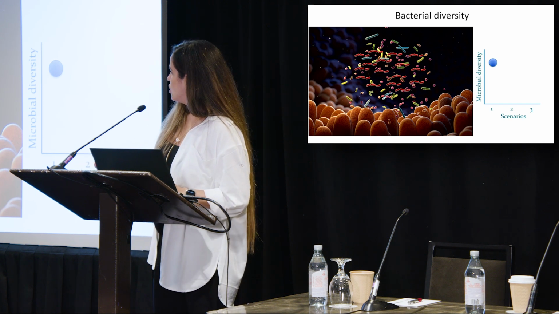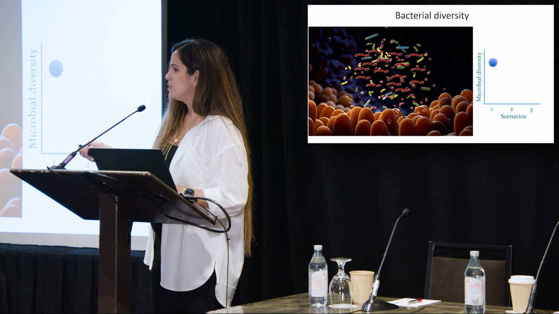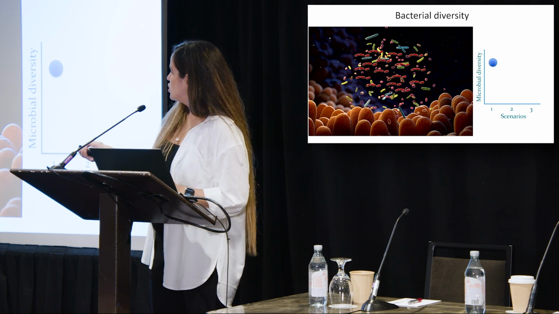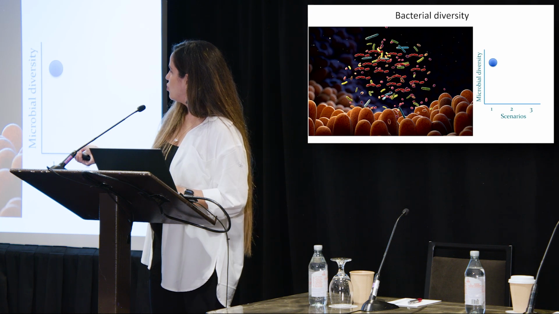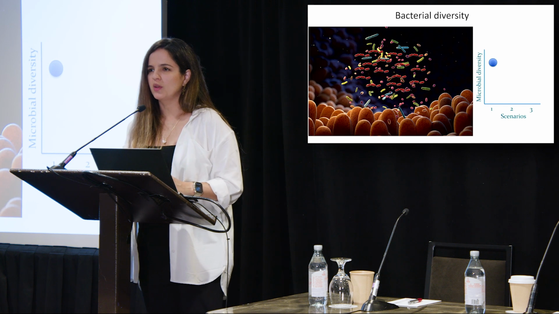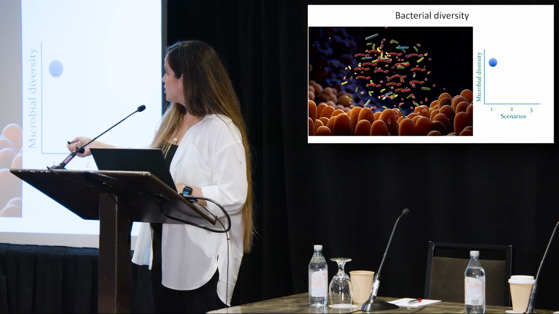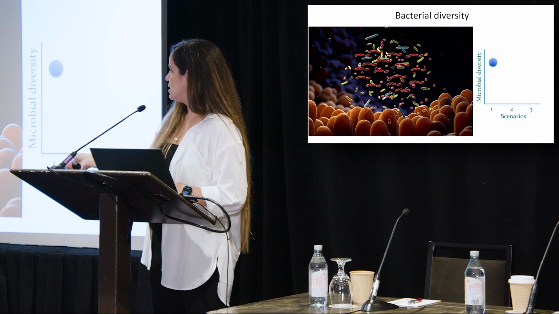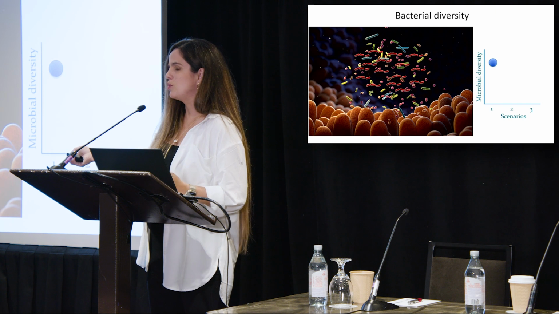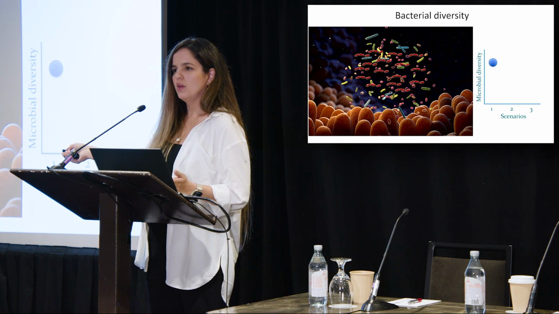I want to know how many types of microbes exist in a sample, and this is diversity. So each of these ones over here, the red ones, the purple, the green, they represent one type of microbe. So then the diversity of this environment, in this case the gut, is measured by checking how many different microbes I have in a specific sample, right?